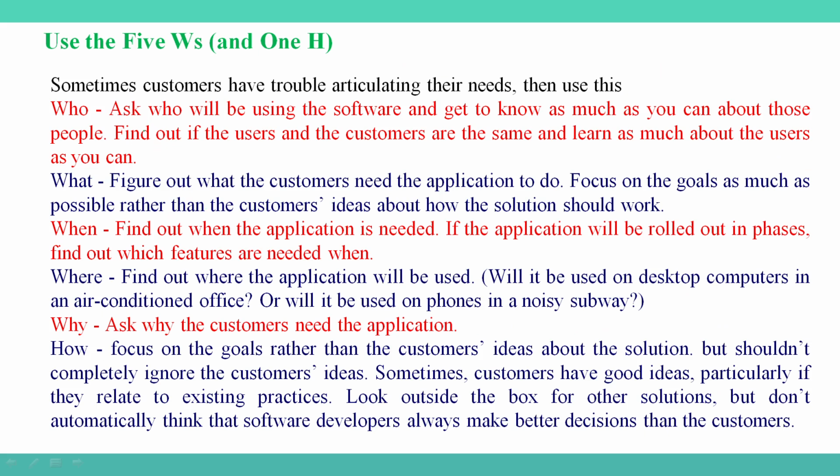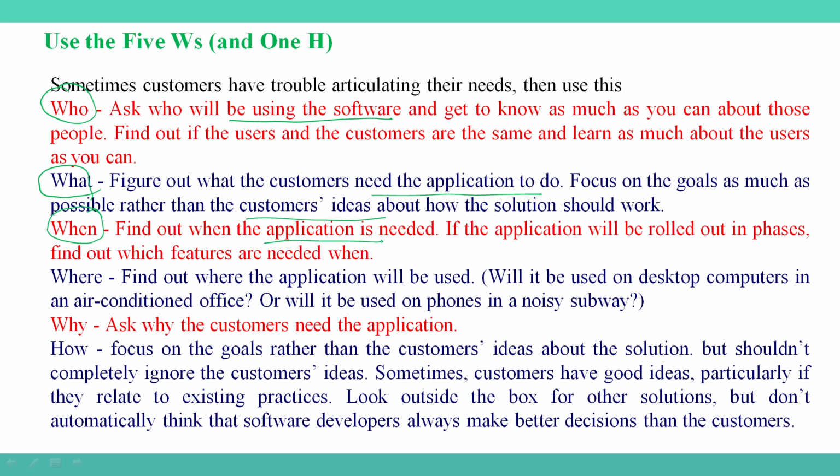Then, as we have already discussed, ask who will be using the software, that is called who. Then what: figure out what the customers need the application to do. Focus on the goals as much as possible rather than customers' ideas. Then find out when the application is needed.